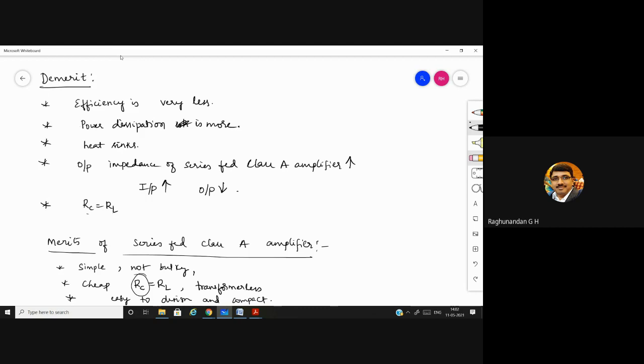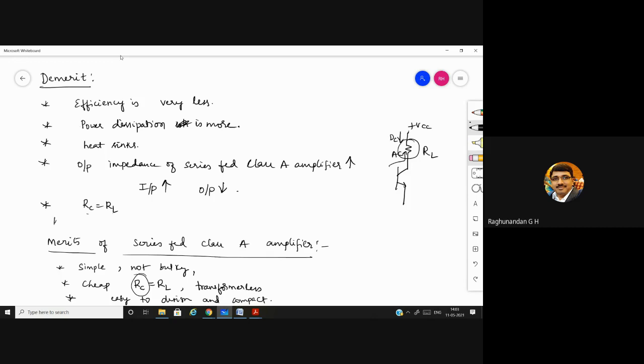RC and RL are the same, that means RC is replaced by RL. If I see the output part of the circuit, here we are having plus VCC. This is going to give DC signal, and here we are getting AC signal which is amplified. So across RL, the load resistance, both AC and DC are going to mix up.